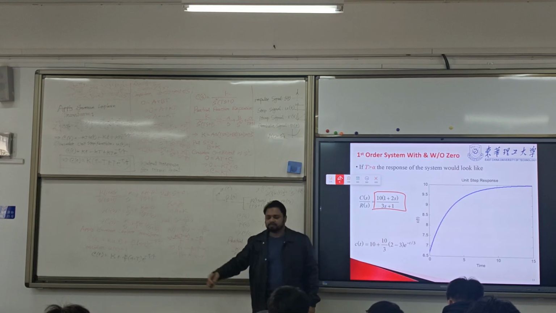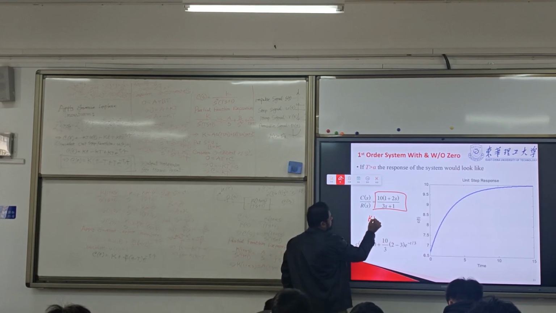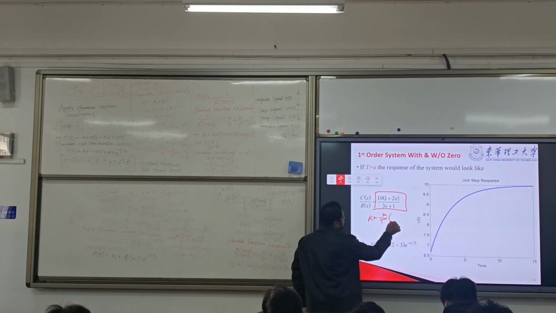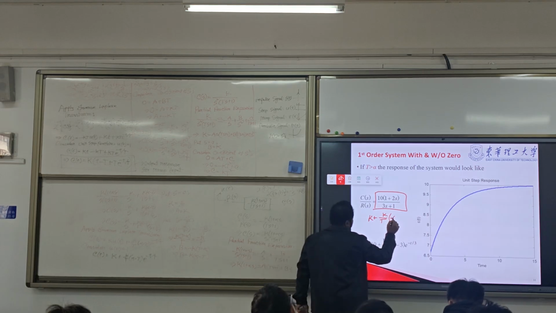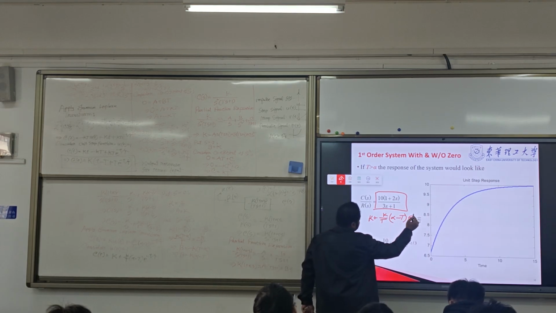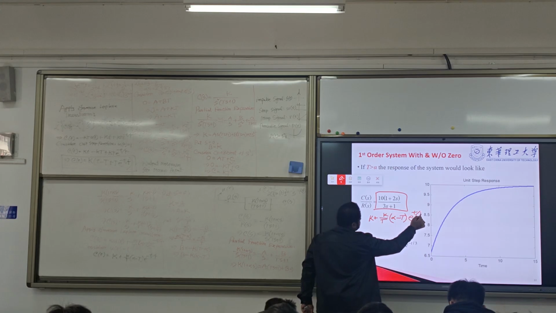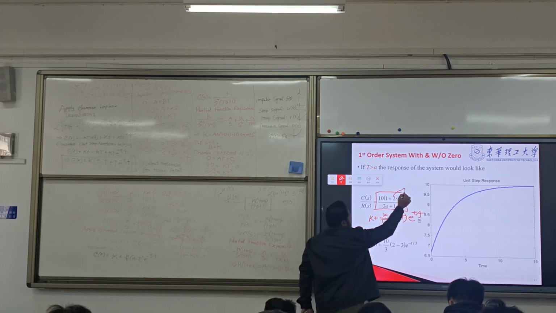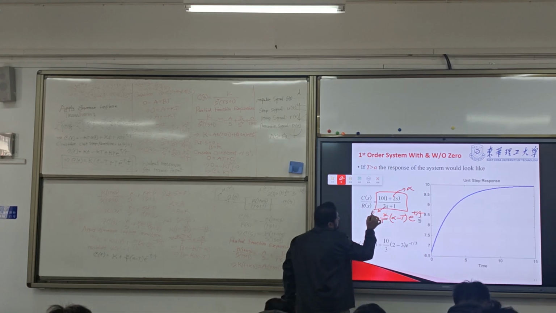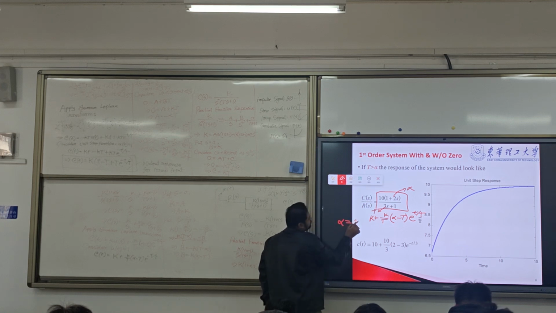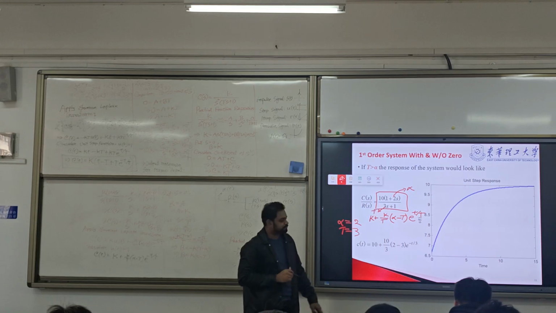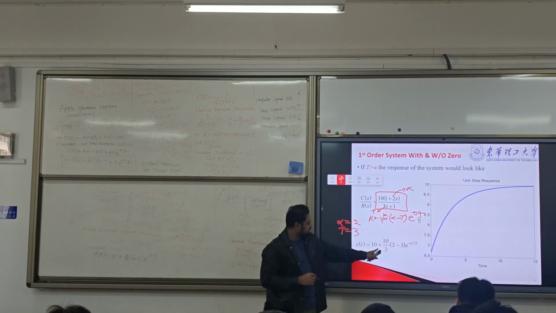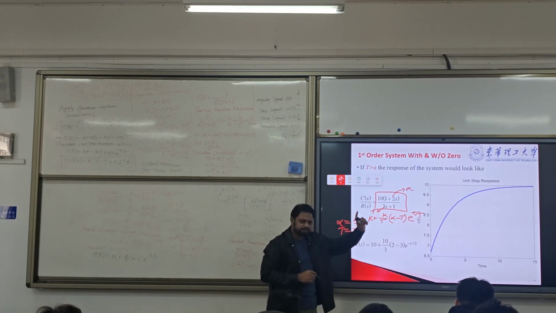Here K plus K by T into alpha minus T, e to the power minus t by T. Here this is alpha, this is T. So here alpha equal to 2, T equal to 3. So you will put the value K and T. Put the value K, 10 by 3, 2 minus whatever.